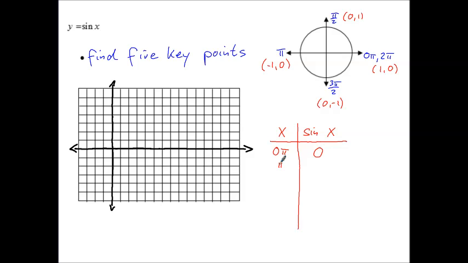At x is equal to pi over 2, the sine is 1. At x is equal to pi, the sine is 0 again. At x is equal to 3 pi over 2, the sine is negative 1. And when we are back to the beginning at 2 pi, the sine is 0.